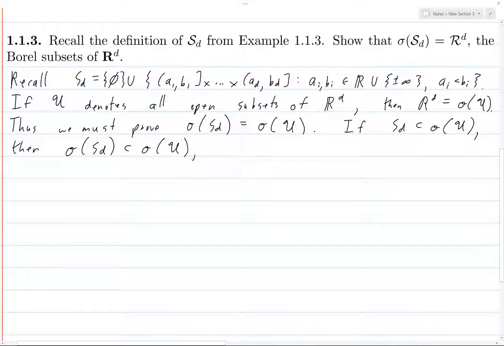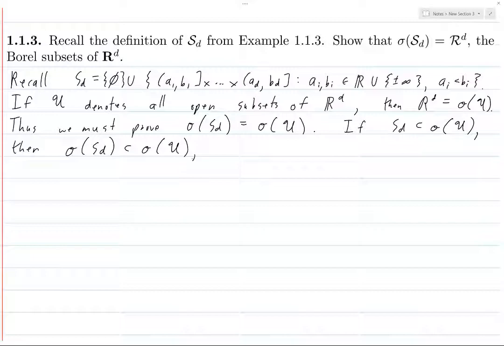The sigma field generated by S_D is the smallest sigma field containing S_D.